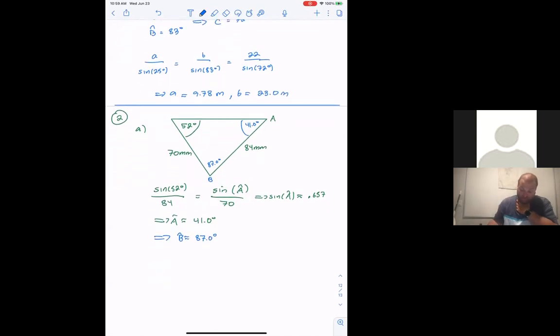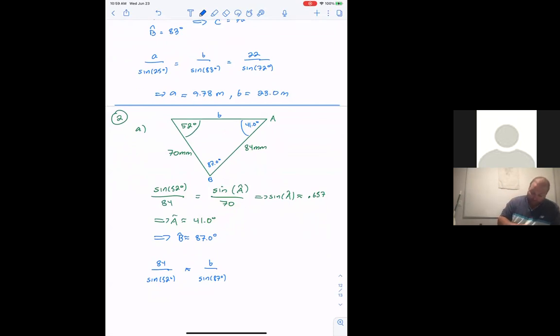So how do I find the third side? How do I find side B? Well, nothing wrong with the law of sines again. This time we're looking for a side. So we're going to have the side on top. So let's use 84 over sine of 52 degrees is approximately the currently unknown B over sine of 87 degrees. Of course, not really 87. It's 86.95317.261 on my calculator.